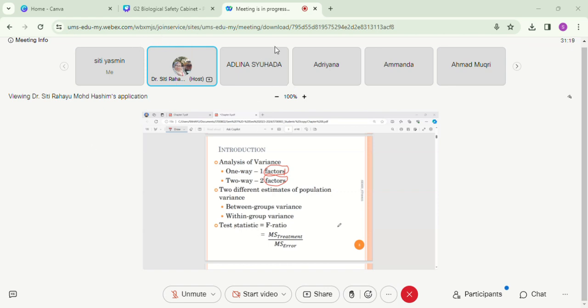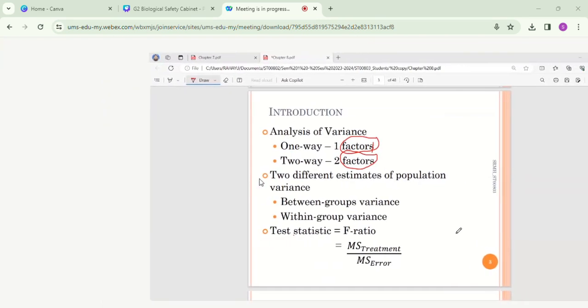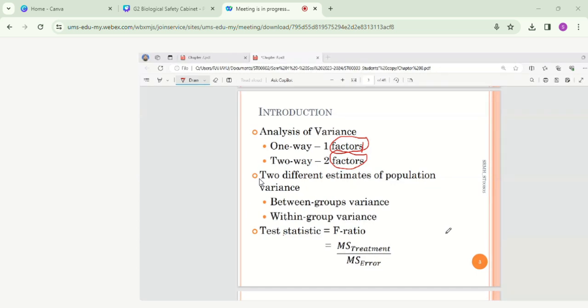So there are two types of variability. Whereas in a t-test, you are measuring the standard deviation or the variance within the group only, and then you compare it. But in ANOVA, you measure the variance within the group and between the group, and you compare both.